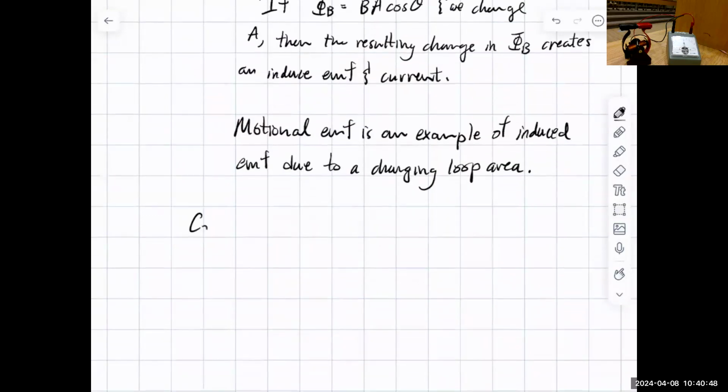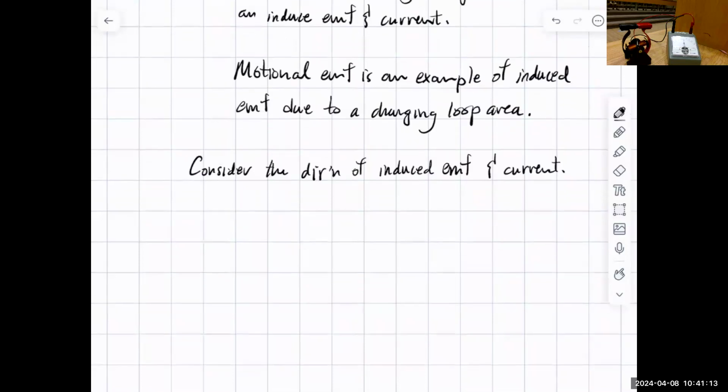Okay, so let's consider the direction of induced EMF and current. Because we've invested a bit of time into understanding it, we're going to use our motional EMF as an example to work out what's going to happen.